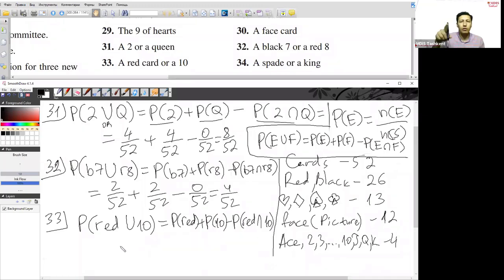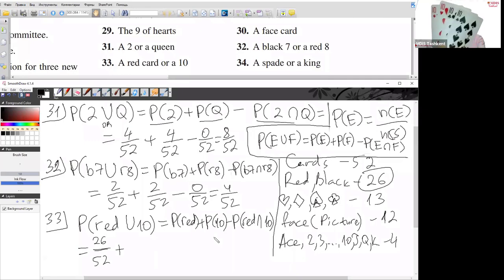Okay, union means or, intersection means and. So red cards, how many red cards? We have 26 red cards out of 52 plus 10. Okay, we have how many? 4 tens.